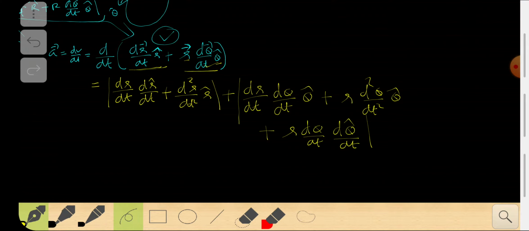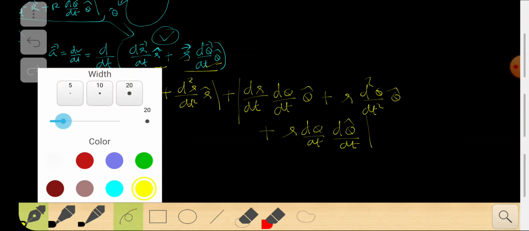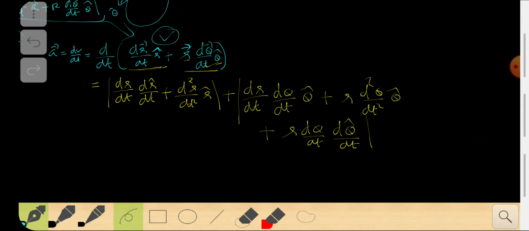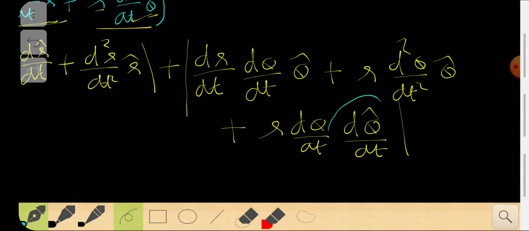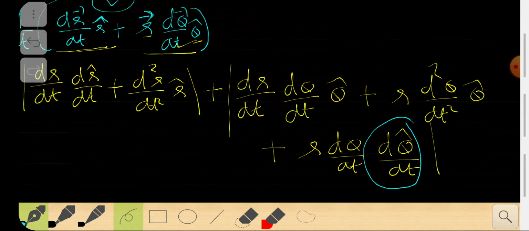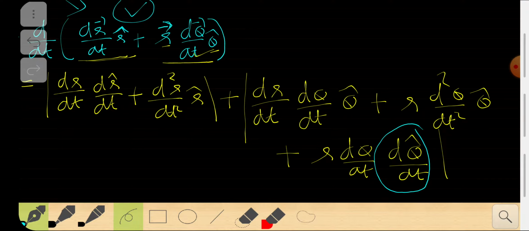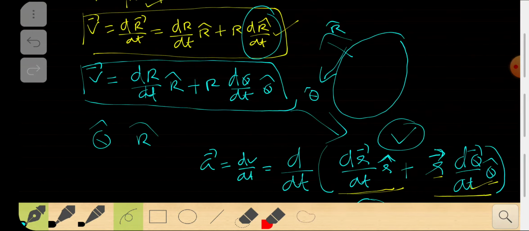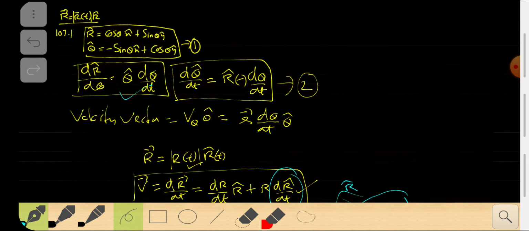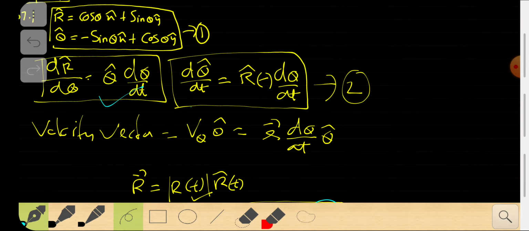Now there are some peculiar things inside this equation, something that we already know, right? Those two things are d theta by dt, which we know, and then the other thing is d theta cap by dt and d r cap by dt, which we know. So we know from this equation 2, d theta cap by dt and d r cap by dt, right?